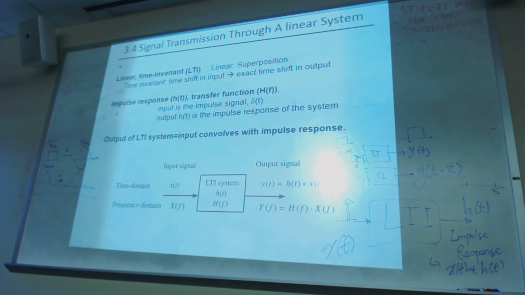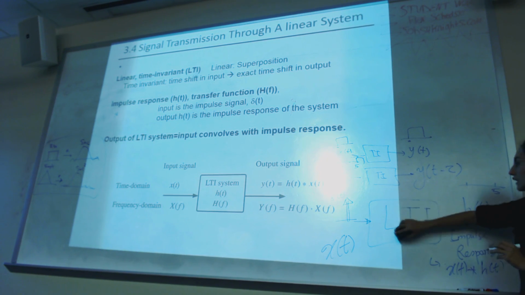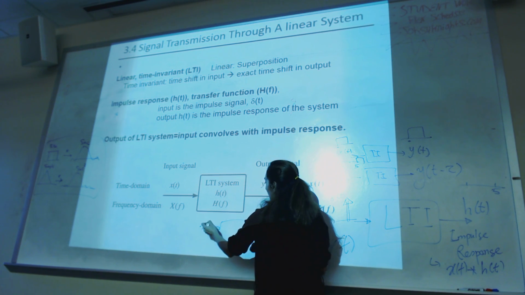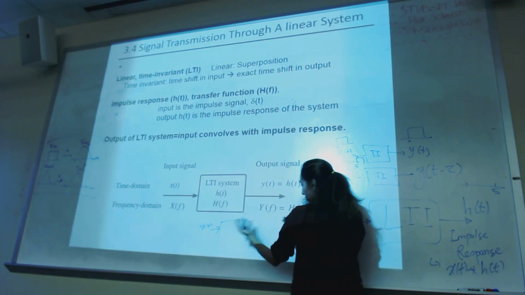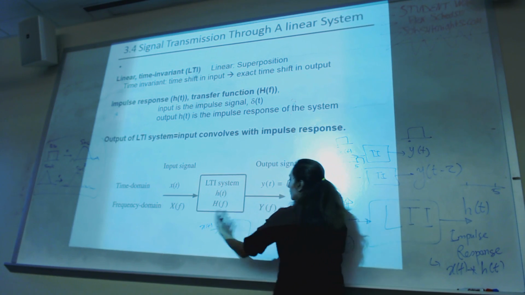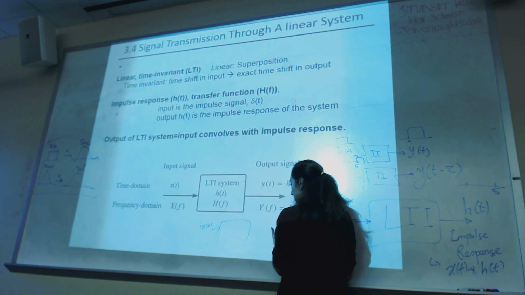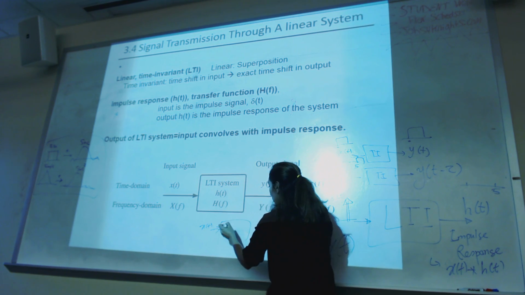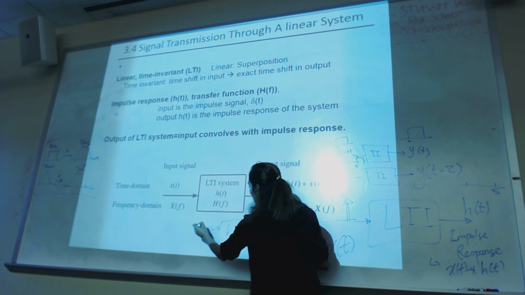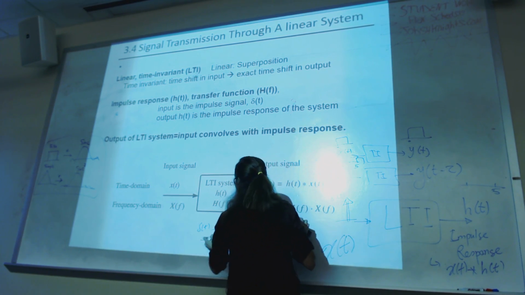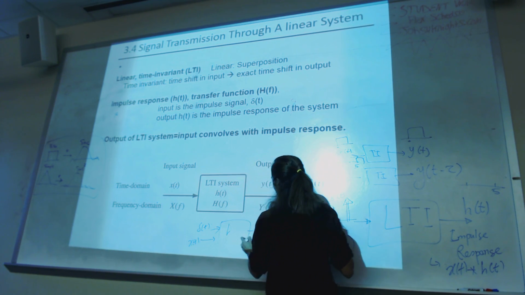This is a very interesting thing, because if your system was not LTI, you would have to look at all the x's and have a lookup table: this is x1, this is y1, and whenever I change x, you have to apply it to the system and see what happens. But for LTI, you only apply delta of t once and you get h of t. After that, for any input, it is just a convolution.